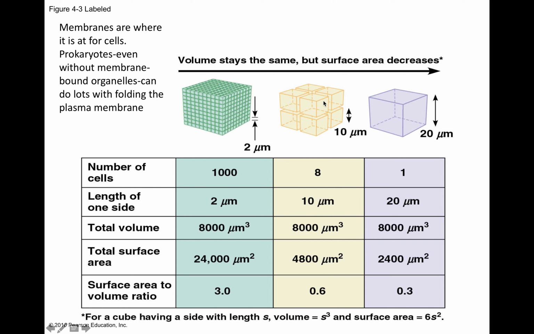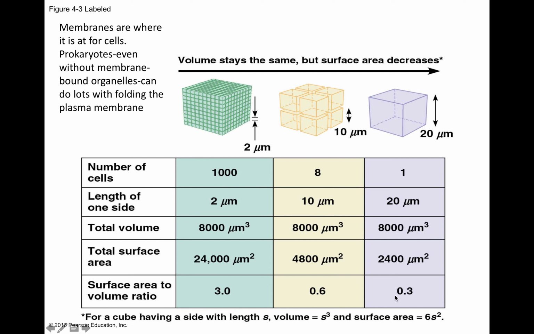Let's say in this volume you have 1,000 different cells. Then the total surface area supplying those 1,000 cells of 8,000 cubic microns is 24,000 square micrometers, or a surface to volume ratio of 3. If it's just 8 cells, you have the same volume but much less surface area supplying it, and a much lower surface area to volume ratio.